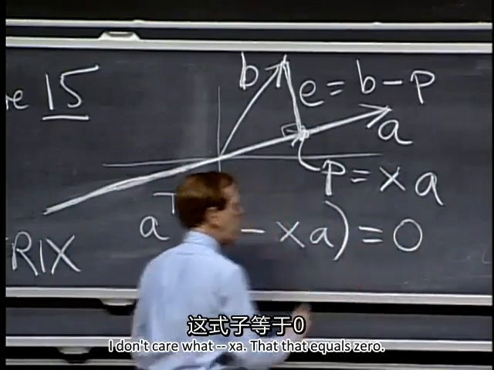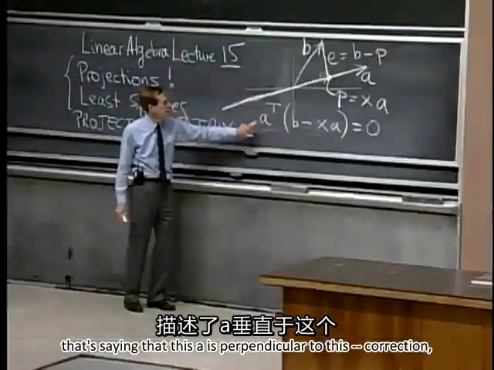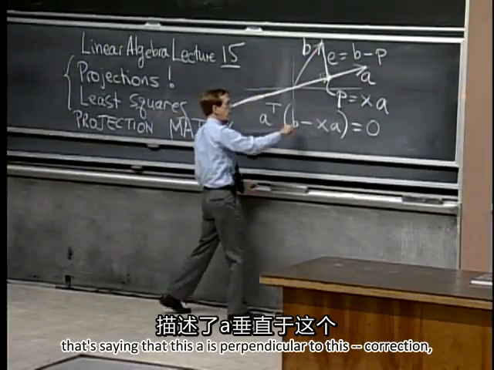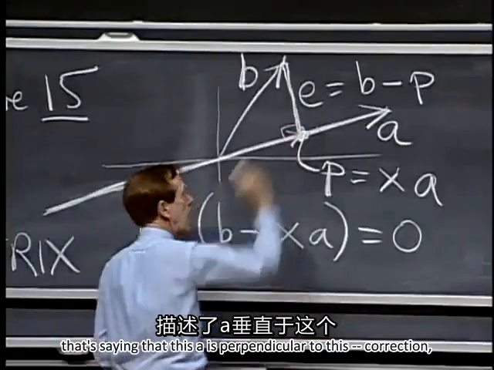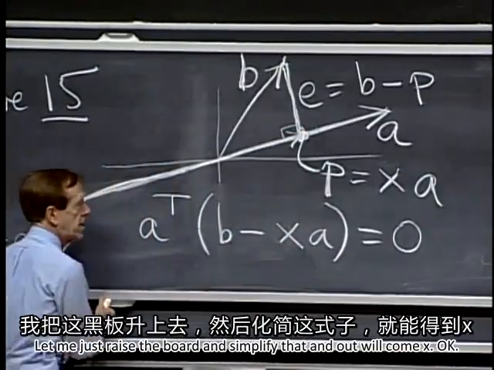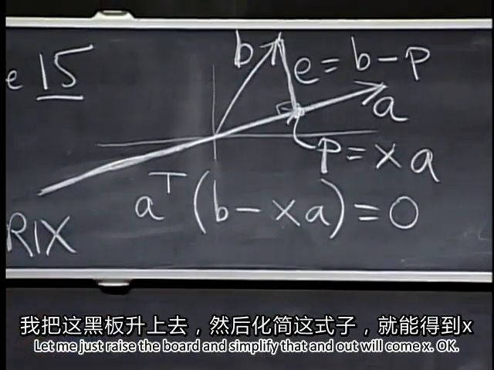That equals 0. You see that as the central equation? That's saying that this A is perpendicular to this correction. That's going to tell us what x is. Let me just raise the board and simplify that, and out will come x.